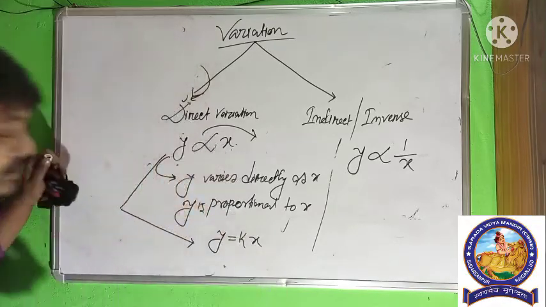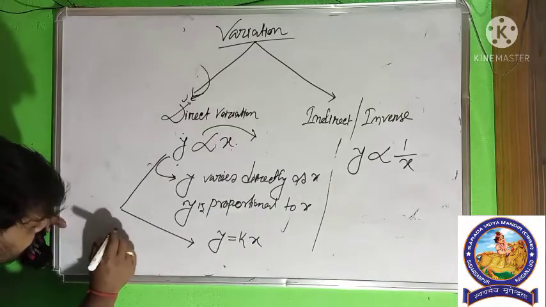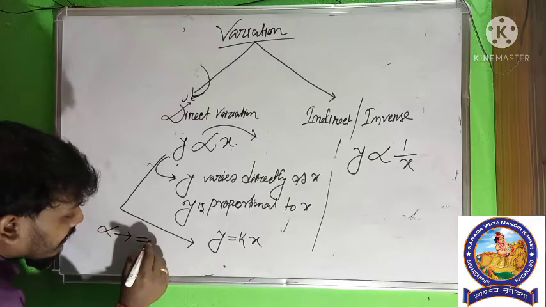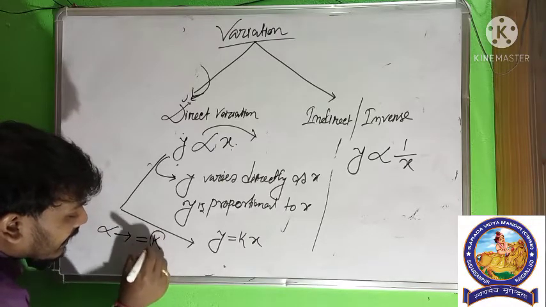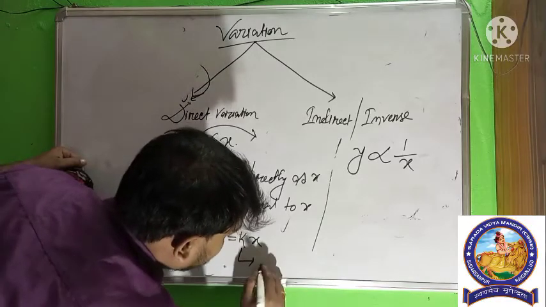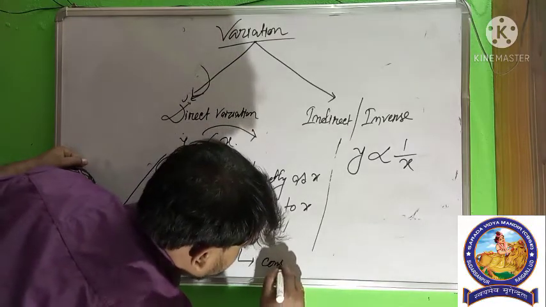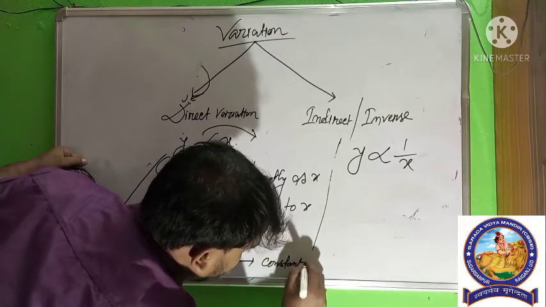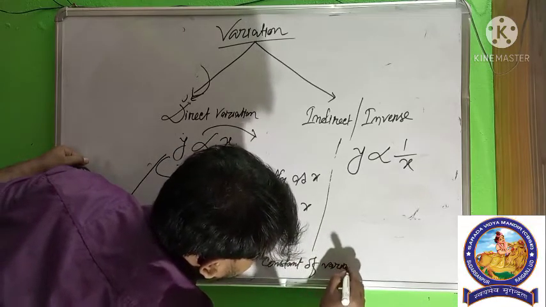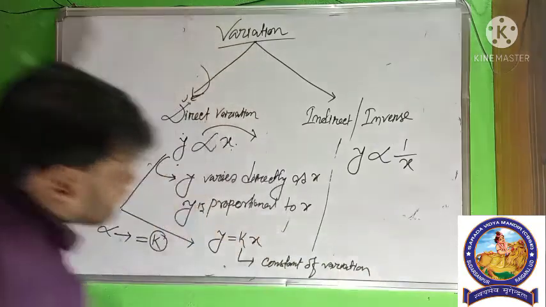In place of the proportional symbol, we put equal to and a constant k. And what is k? k is the constant of variation.